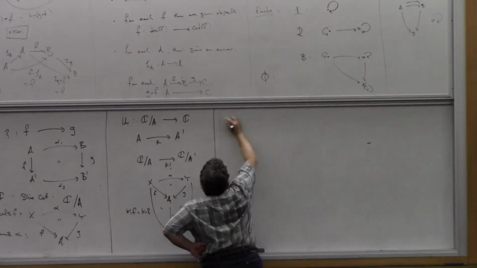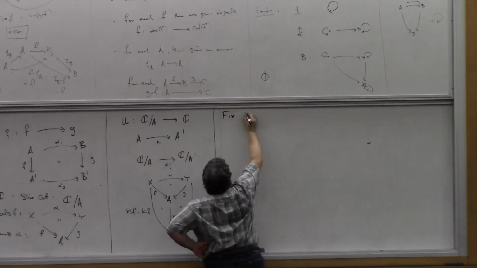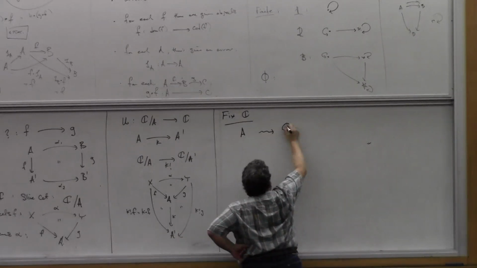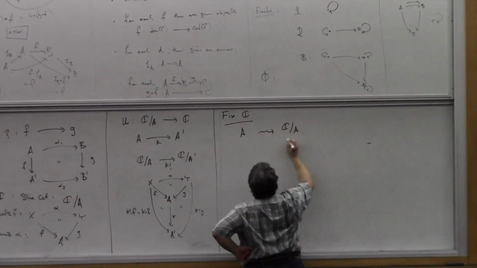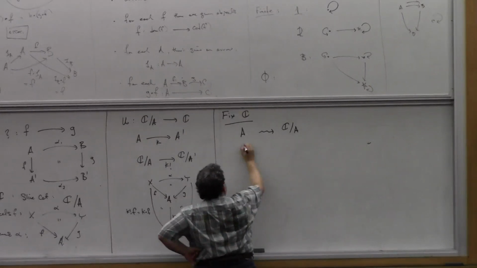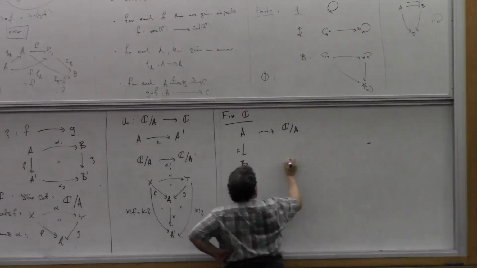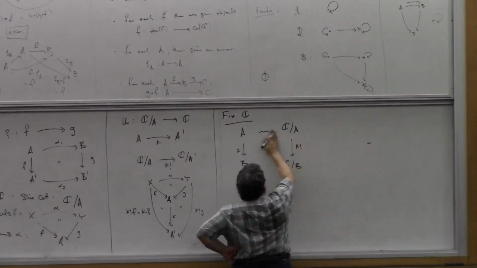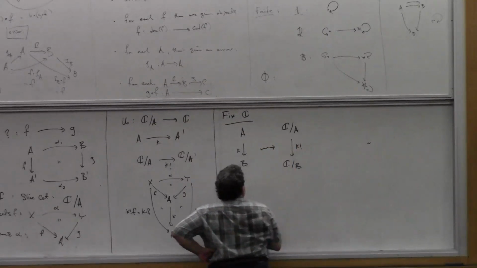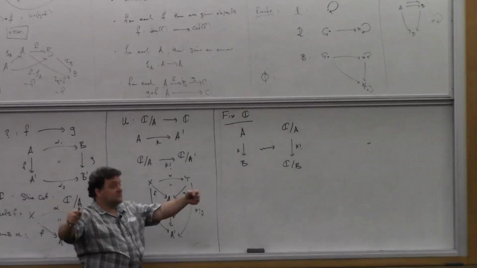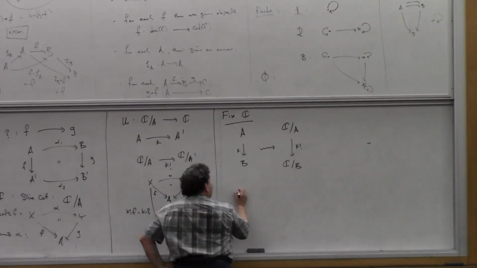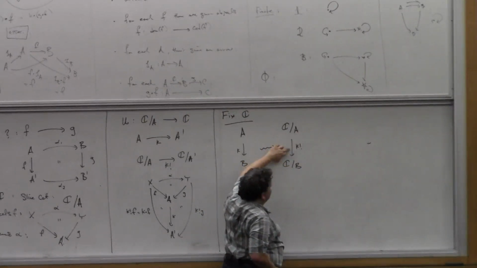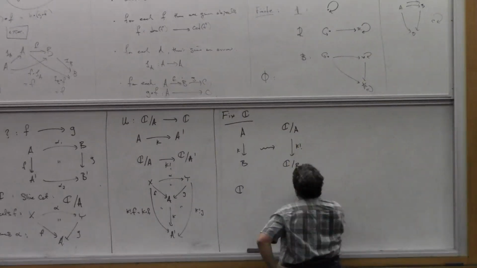So we're fixing C. Now for each object, we get a category, C over A. For each arrow, K from A to B, we get a functor, C over A to C over B. So we have an assignment that takes objects to categories and arrows to functors. This is living in C. What is this? That's a category, and that's a functor. That's a diagram in Cat.